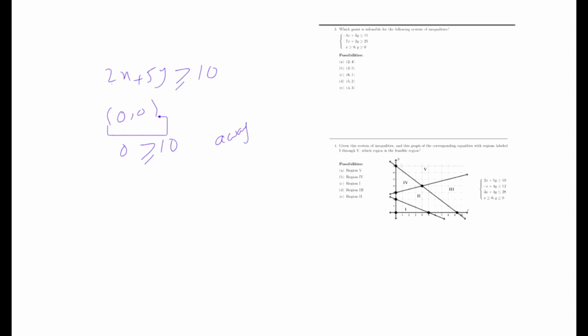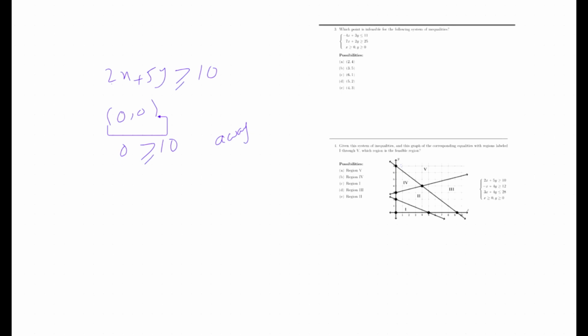For 2x plus 5y, oh, one thing, they did not mention the inequalities, so we don't know which line corresponds to 2x plus 5y is greater than or equal to 10. Okay, so let's quickly check that. We don't know which inequality is that, so we can just find 2 points.